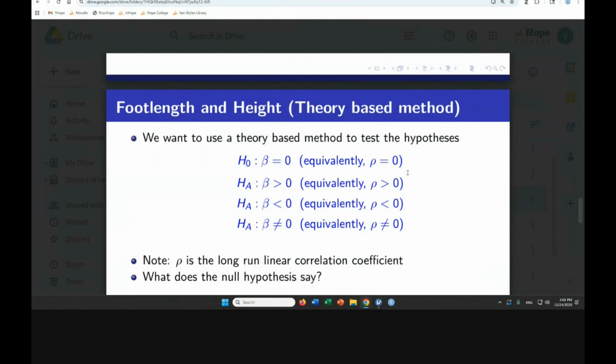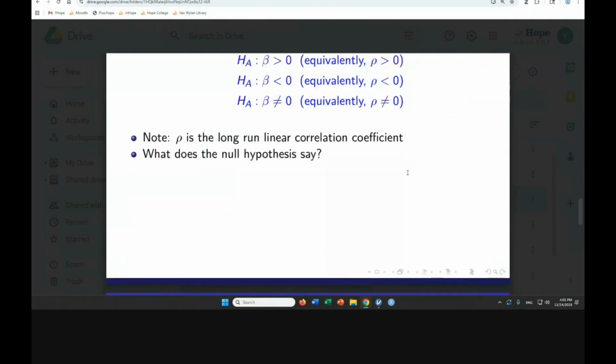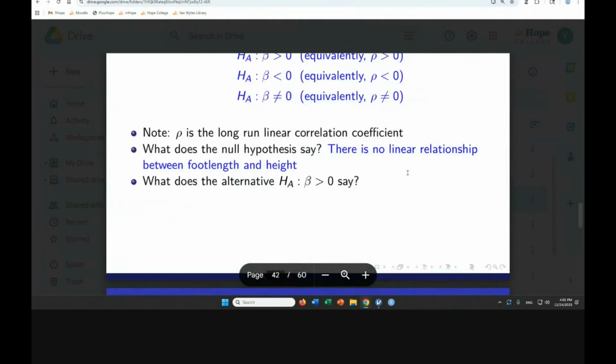So beta equals 0, which is equivalent to rho equals 0, is saying no linear relationship exists between foot length and height. Again, is that reasonable? No, I don't think it is. Are we going to probably reject the null hypothesis? The answer is we are going to reject, and I'll show you why. We can see from pictures that a linear relationship probably does exist between foot length and height, but the null is always the status quo, nothing exists.